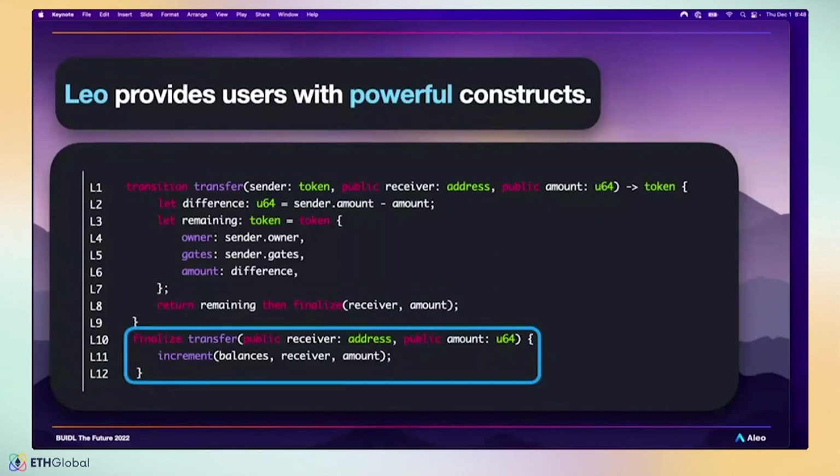A finalize block is this block of code here. Each transition function can have a finalize block associated with it. So you see how you have a transition transfer, you can have a finalize transfer here. The inputs to a finalize block must be public. And in this finalize block, we're taking balances and incrementing the receiver's entry in that mapping with the new amount that we'd like to send.